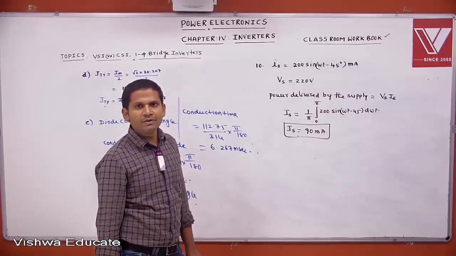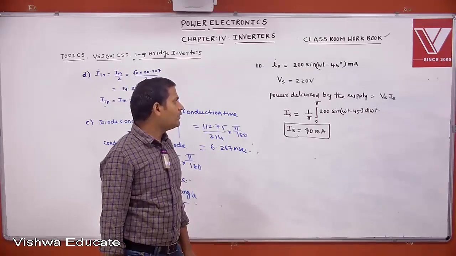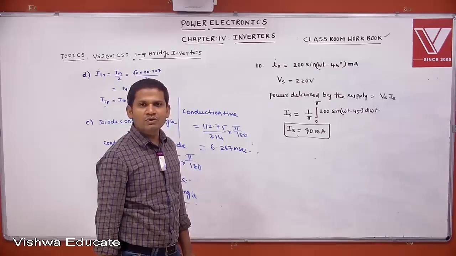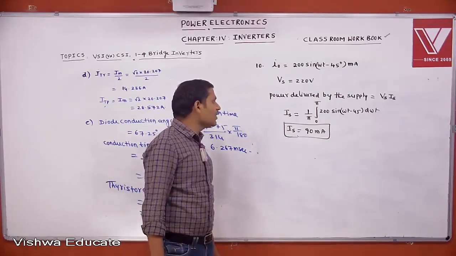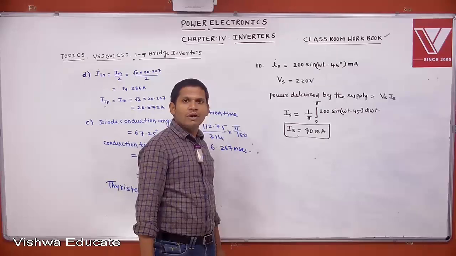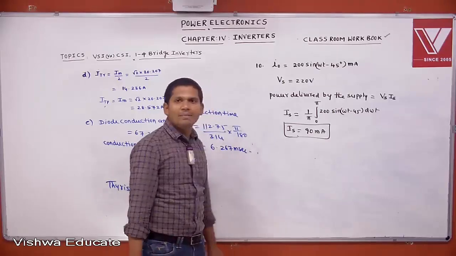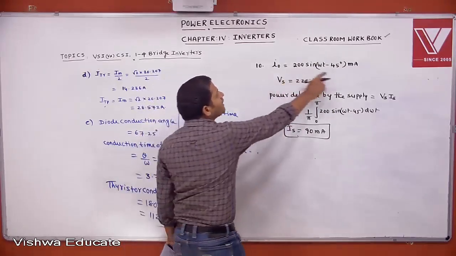With respect to source current, it is like the full wave rectifier output. What is the average source current of a full wave rectifier? That is 2 Im by pi, so we get 90 milliamperes. This is given in terms of milliamperes.